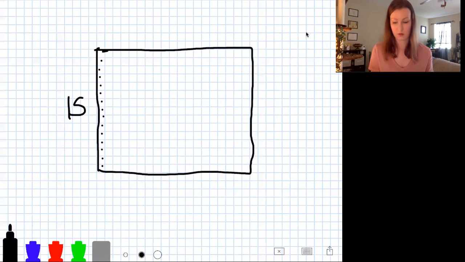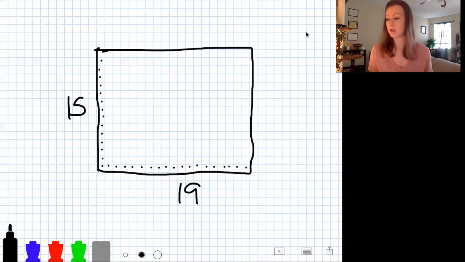And we start with a square that already has a dot on it because we are still counting that square. 1, 2, 3, 4, 5, 6, 7, 8, 9, 10, 11, 12, 13, 14, 15, 16, 17, 18, 19.